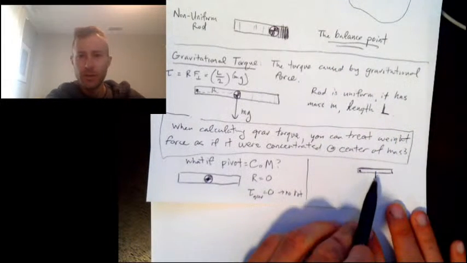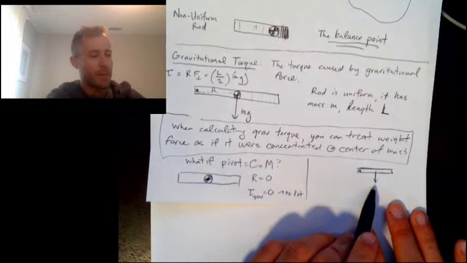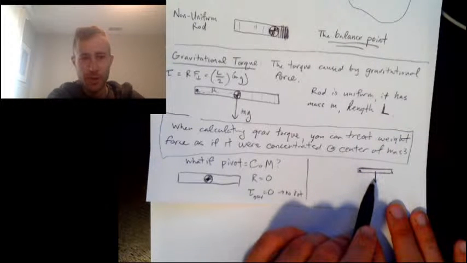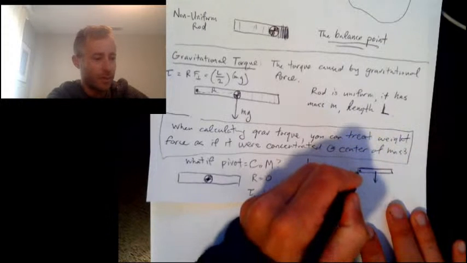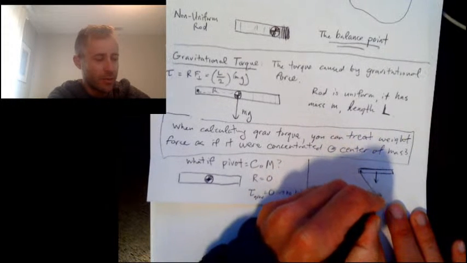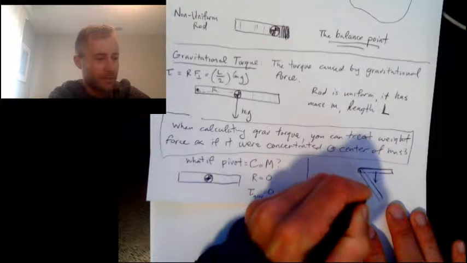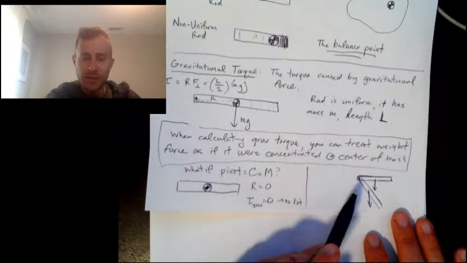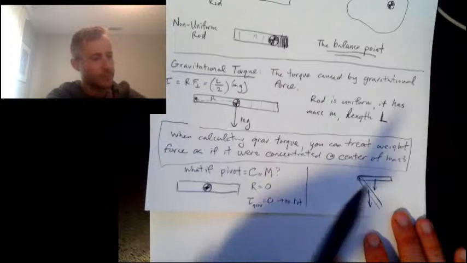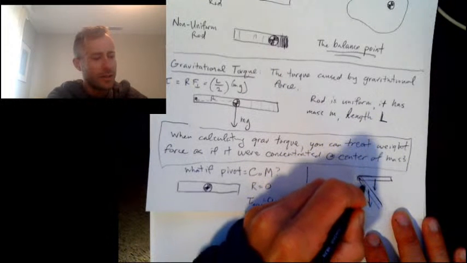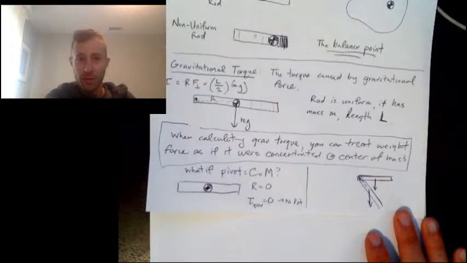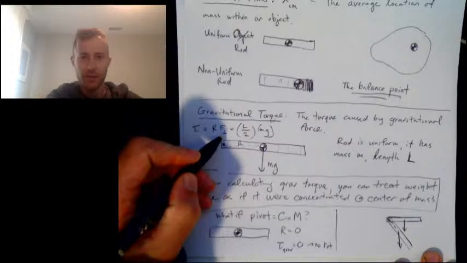So here, the gravitational force is perpendicular to the rod, so it's going to start to rotate. Maybe it rotates down to this location. When the rod is in this location, we can see that the gravitational force isn't quite as perpendicular to the rod anymore. So that means that the torque due to gravity gets smaller.